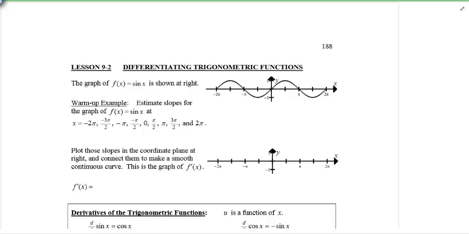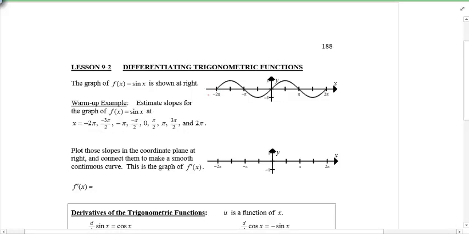What I'd like you to do today is, because when we're talking about differentiation, we're talking about the slopes of tangent lines, estimate the slopes for the tangent lines at various points on this sine x graph.